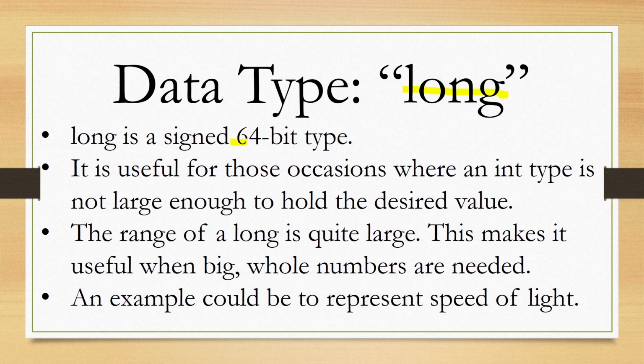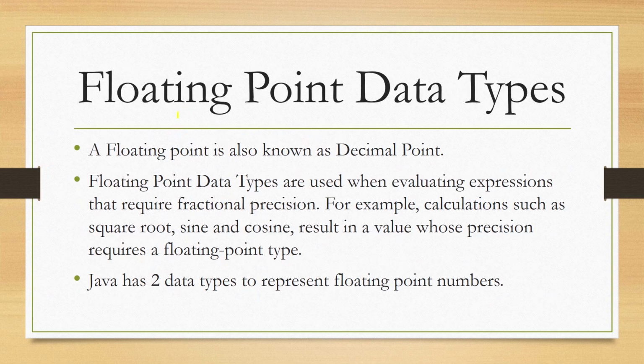Long is 64 bits long and can represent a very large range of values. And then we saw floating point data types. A floating point is also known as a decimal point, and numbers which contain a decimal point are decimal point numbers. These data types are used where we require fractional precision, and Java has two data types for representing floating point numbers.